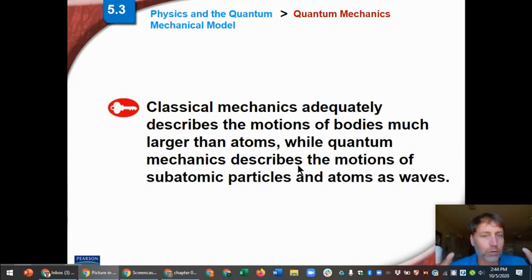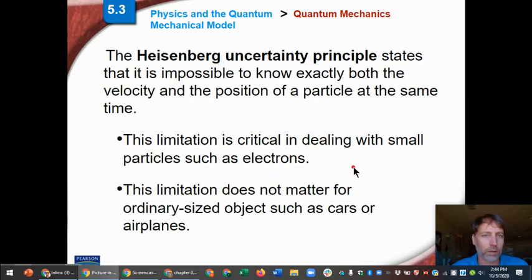Quantum mechanics describes the motion of the subatomic. Newton's three laws do not apply at the subatomic level. It's almost like two different universes or two different worlds: the classical mechanical level at the macro to mesoscale, and the micro subatomic level, described as atoms and waves.